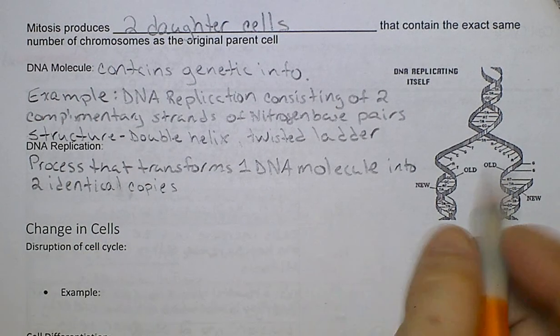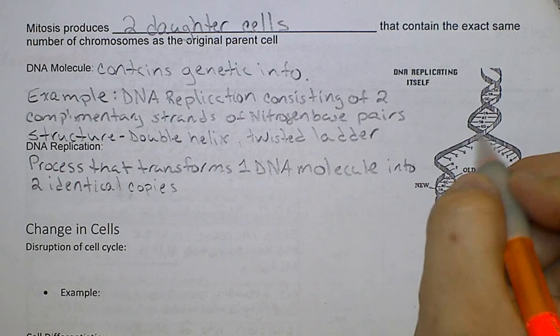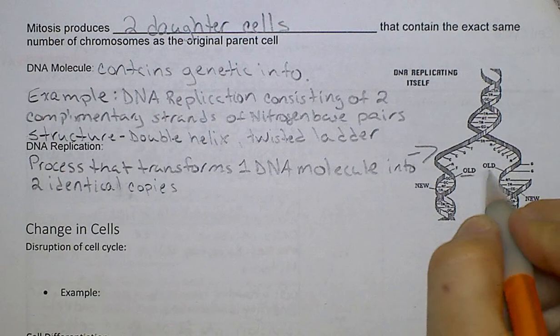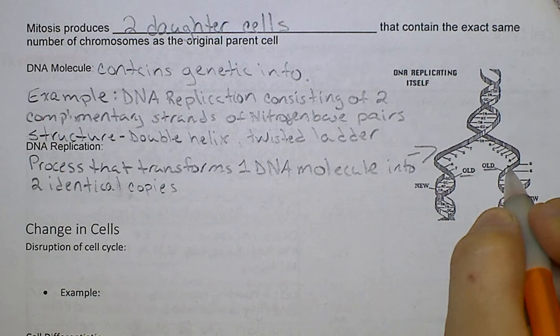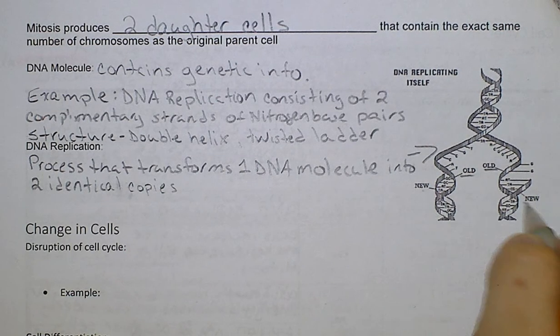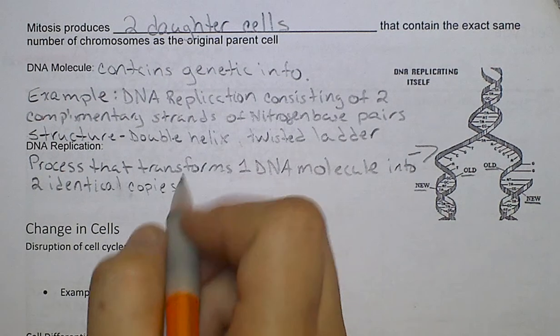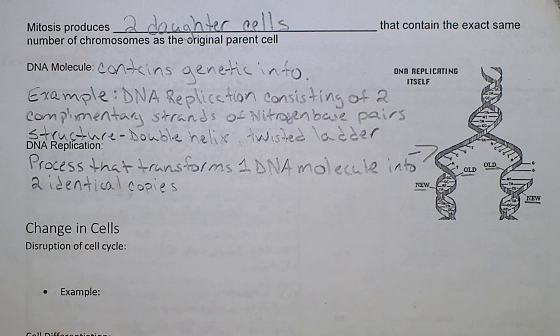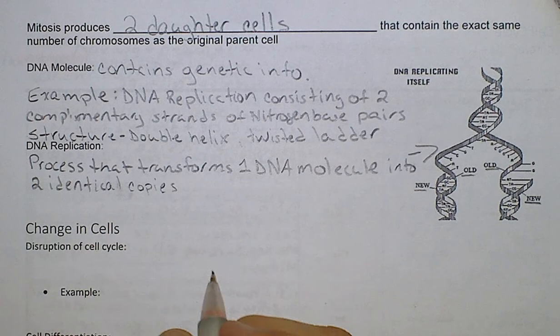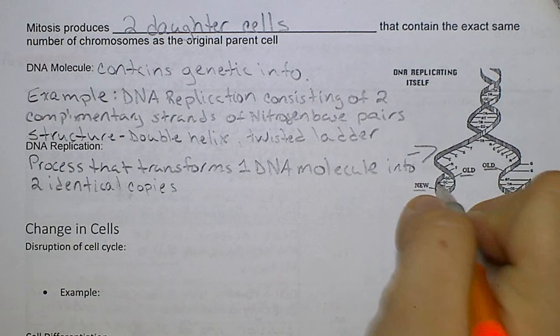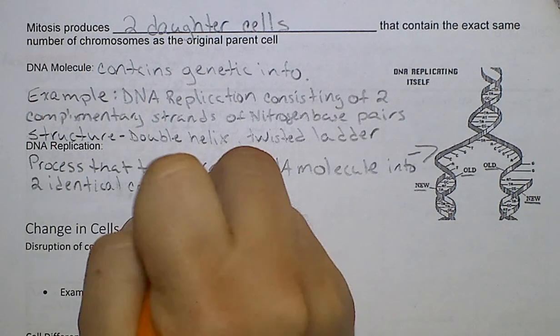Okay, so we have DNA replication right here. We have the two old ones, this is the original, and we have the two new ones being replicated. In order to have these two unwind from each other and have the new ones attach, enzymes are used to unwind it.